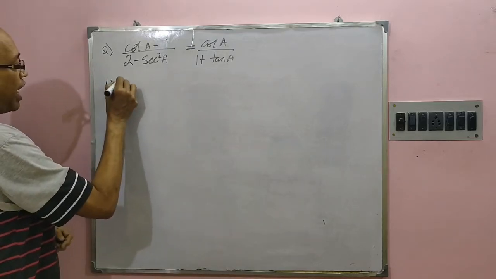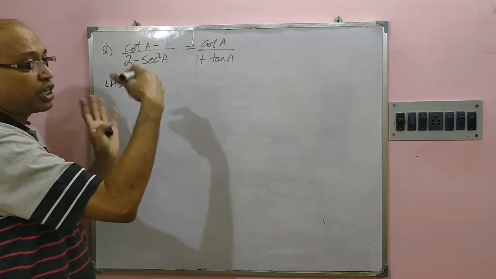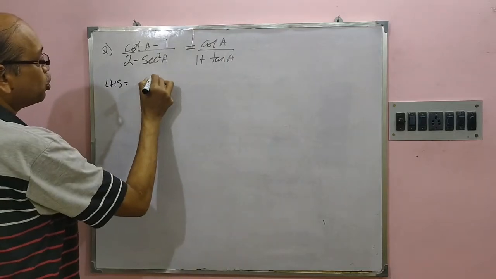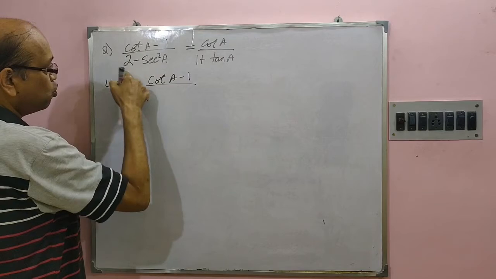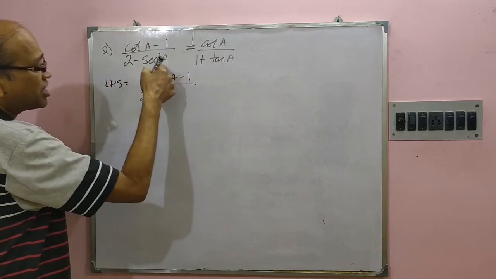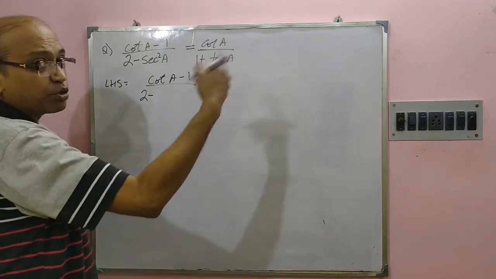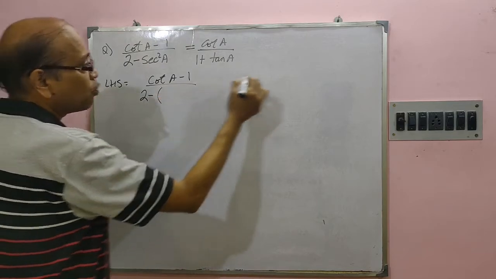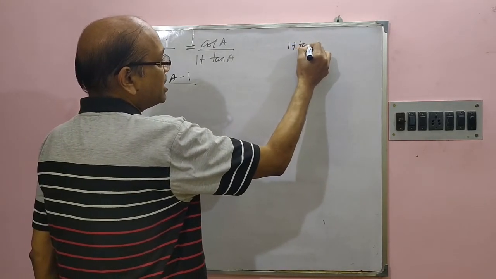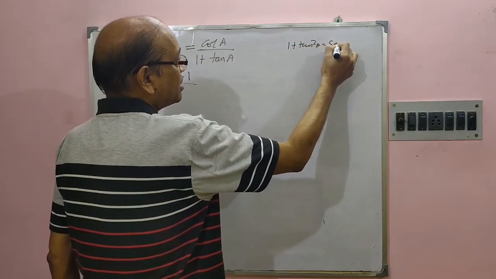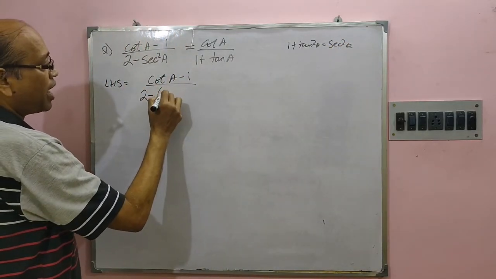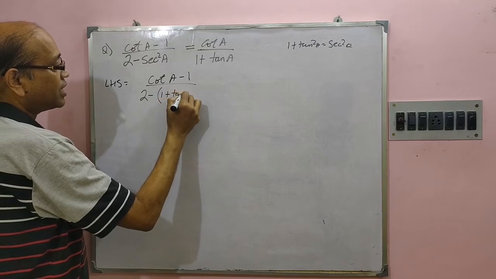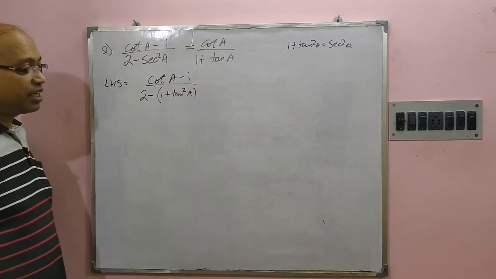So can we change secant square into terms of tan? Yes. So let us do that. Cot A minus 1, 2 minus, change secant square A in terms of tan. We know that 1 plus tan square theta is secant square theta. So secant square A can be written as 1 plus tan square A.